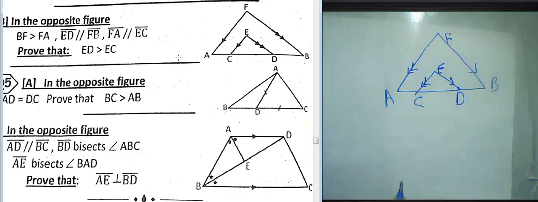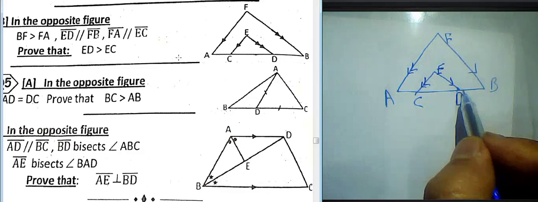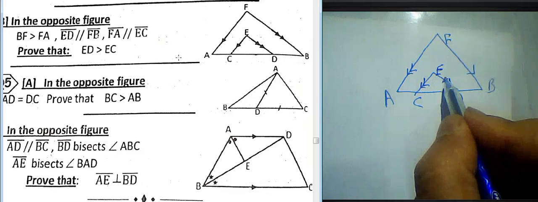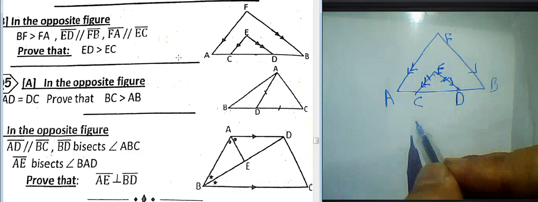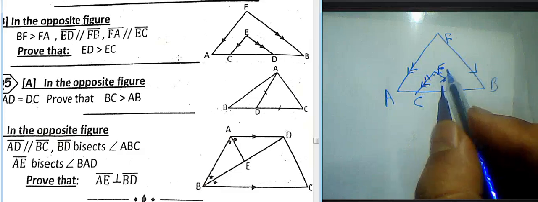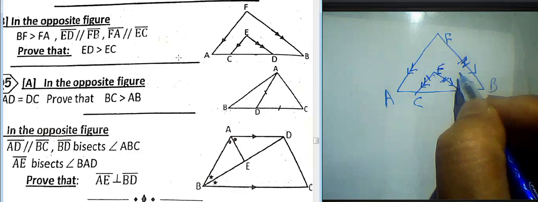He wants us to prove that ED is greater than EC, and he gives us in this example BF greater than FA.